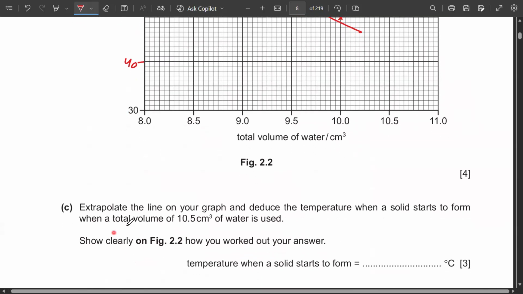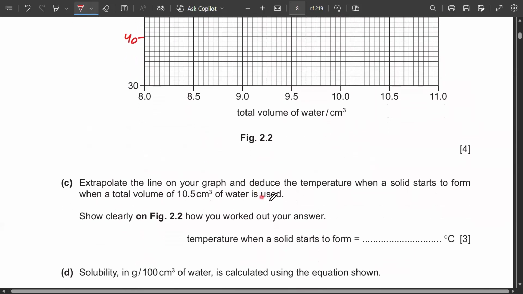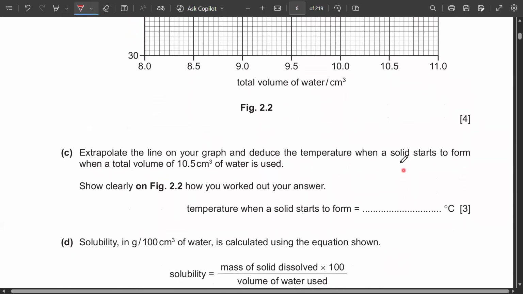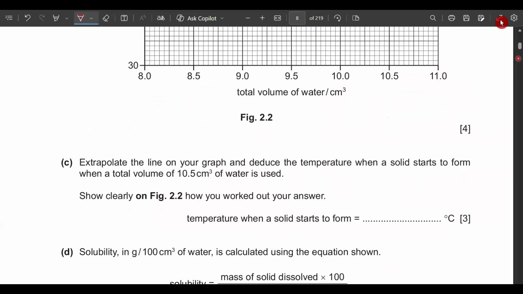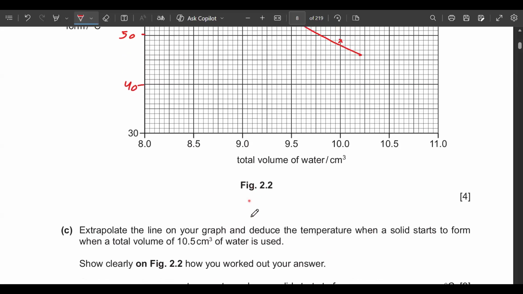Extrapolate the line on your graph and read the temperature when a solid starts to form when a total volume of 10.5 cm3 water is used. 10.5.